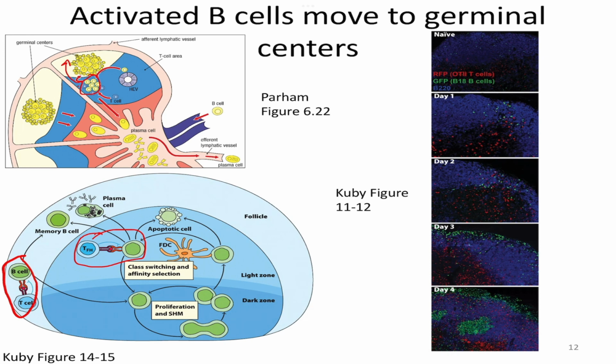People define germinal centers in slightly different ways. So sometimes we define germinal centers as the place the B cell moves to. And you might say, well, then how did the B cell know it was supposed to move there and make the germinal center? And there is one other player that is at the germinal center that is particularly important.